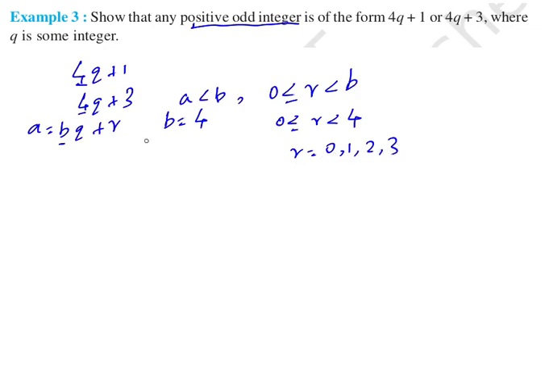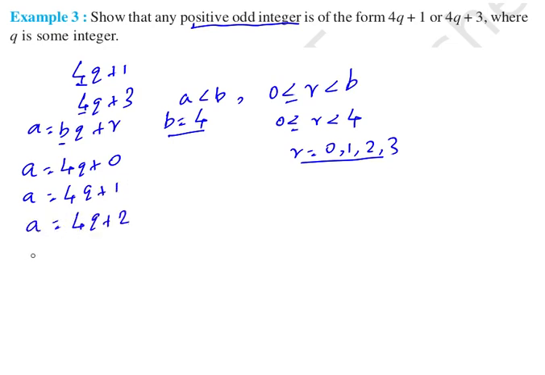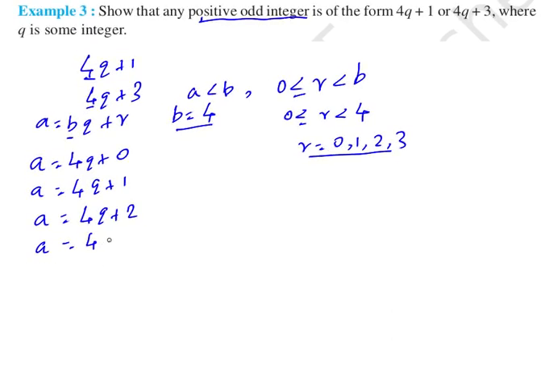Let me take the value of b and the value of r and substitute in the basic format. So a equals 4q plus 0. First case, a equals 4q plus 1, a equals 4q plus 2, a equals 4q plus 3.